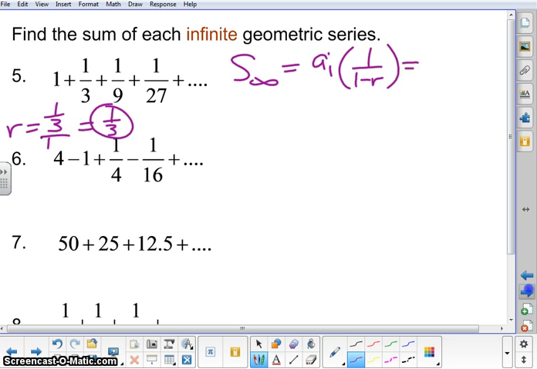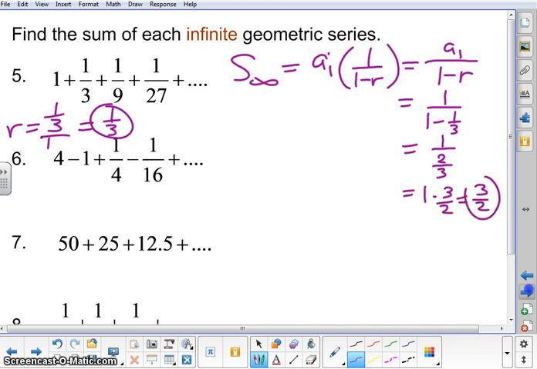Even simpler, we can have a1 over 1 minus r. That'll eliminate some of the work. So a1 is 1, because that is the first term. 1 minus 1/3 will help us with the denominator, and 1 over 2/3, if we multiply by the reciprocal, we get 3/2. So our final answer for number 5 is 3/2.